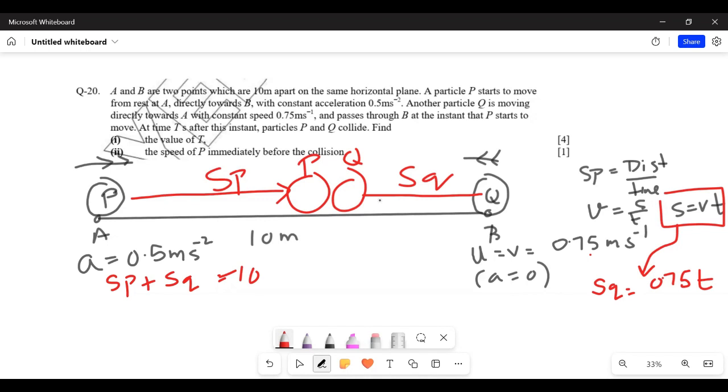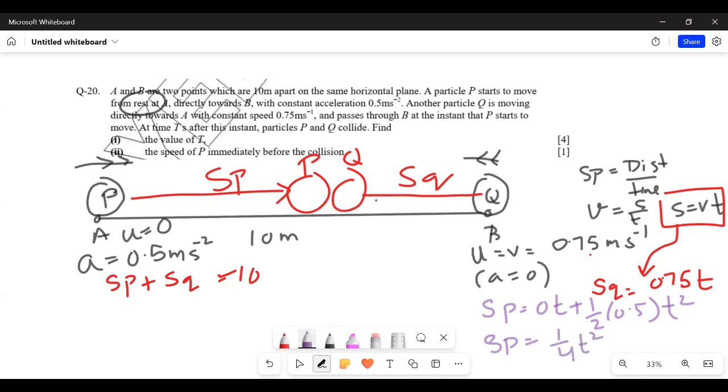So for P, it says P moves from rest. So we know that U is equals to 0 as well. So SP is going to be UT plus half AT squared. So SP is, I believe, 1/4 T squared. Let me check.